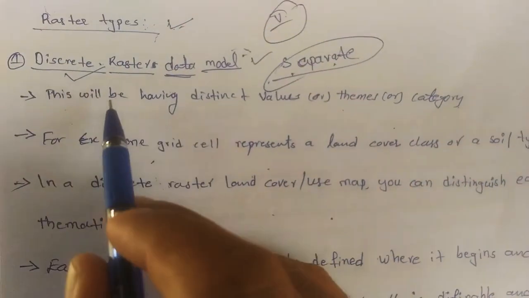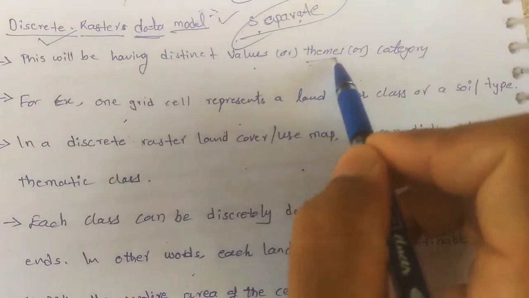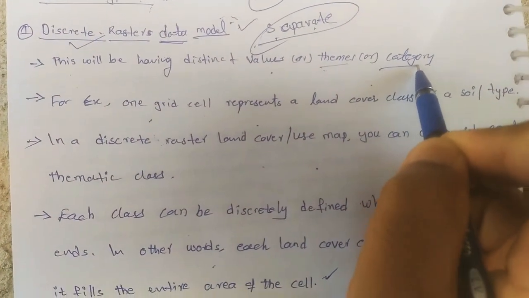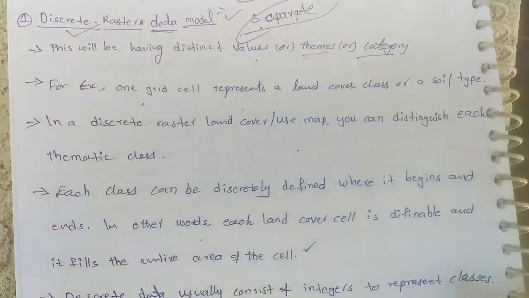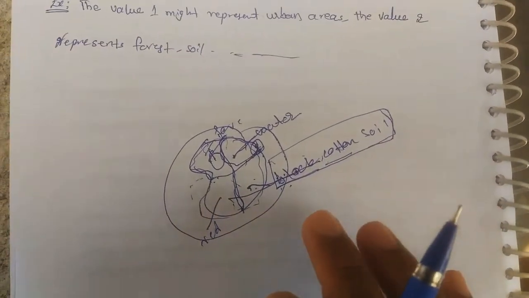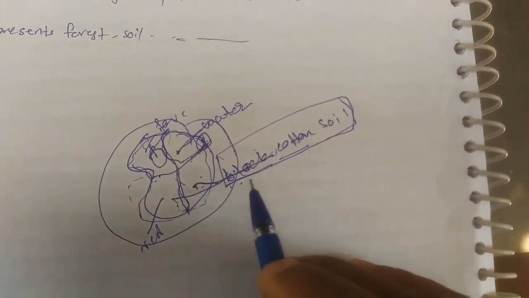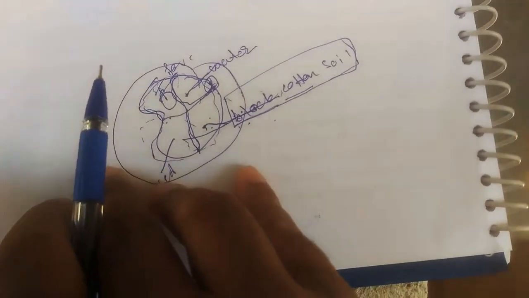So this will have distinct values, or distinct themes or different categories. It is a separate one. In the discrete data structure, each one will have different features.